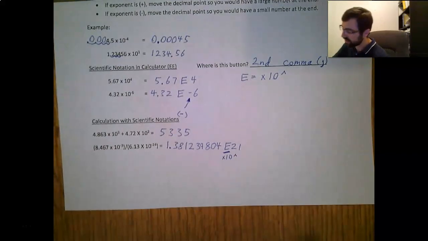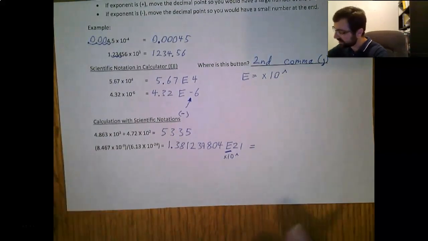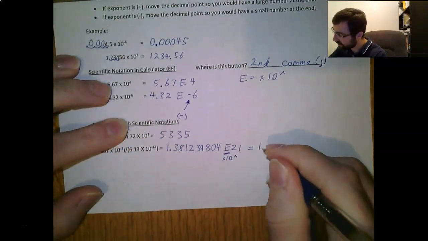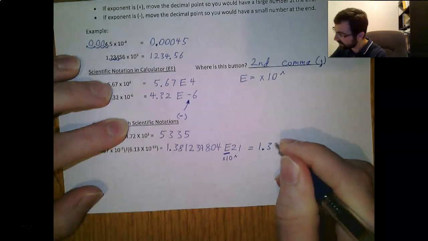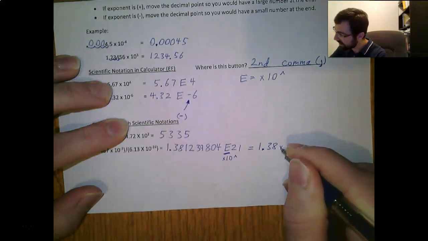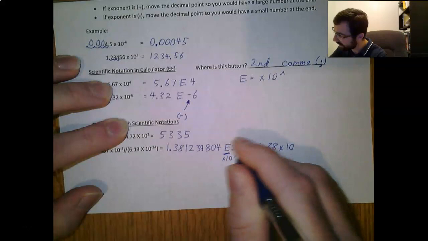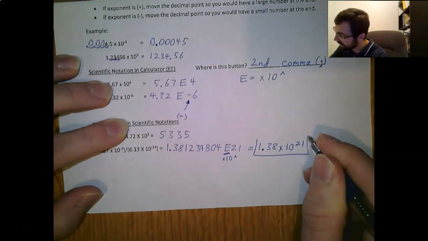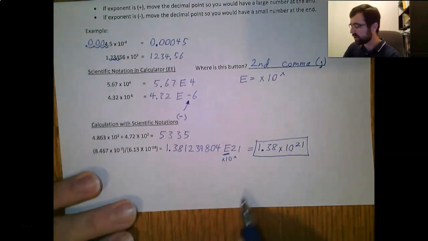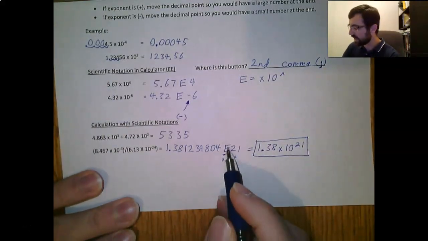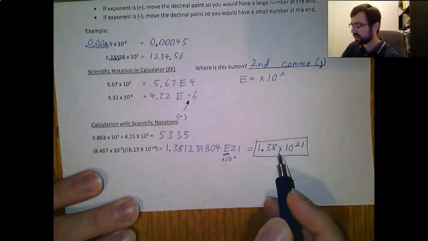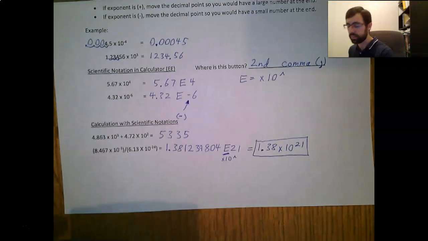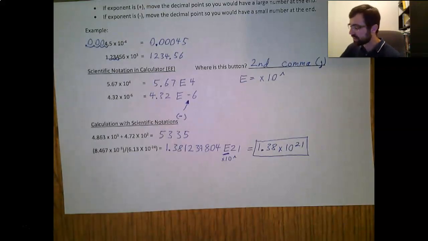So my actual answer, and I'm going to round it to, let's call it 2 decimals, okay? 1.38 times 10 to the power of 21. Okay? And you want to always make sure that you write your E notation with a times 10 instead. In your calculator, we use the E, but on paper, you need to make sure you're writing times 10 to the power.